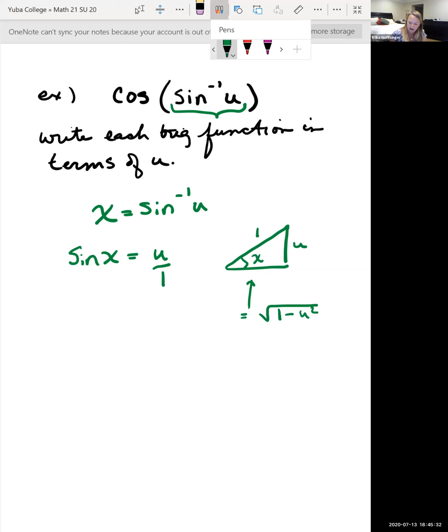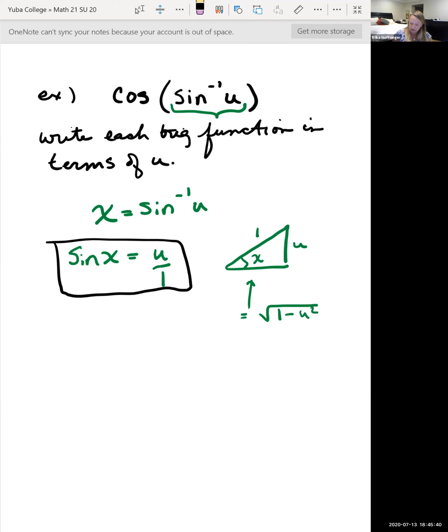So we're almost there. Now we can find all of our trig functions. Well, this is the one that was given. So cosine of x is equal to, well, cosine is adjacent, so that would be the square root of 1 minus U squared all over the hypotenuse, which is 1. Tangent is equal to opposite over adjacent.